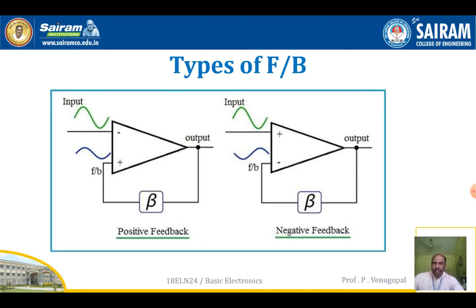Hence this is used only in oscillators. Second, in negative feedback, the phase of the feedback signal is 180 degrees with respect to the input signal. You are observing the feedback signal and the input signal are completely inverted with respect to each other, which shows that there is a phase shift of 180 degrees between the feedback signal and the input signal.